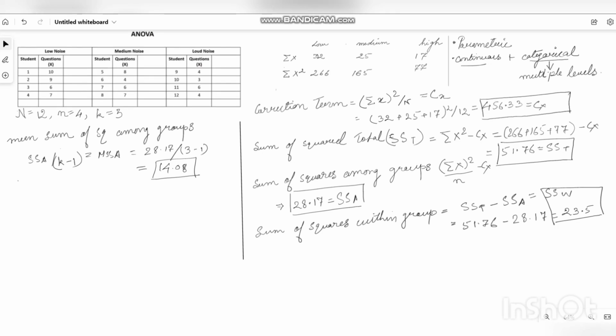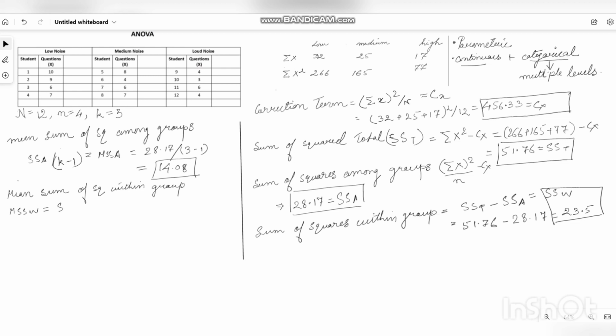The next calculation is the mean sum of squares within group, which is denoted by MSSW. How do we calculate it?